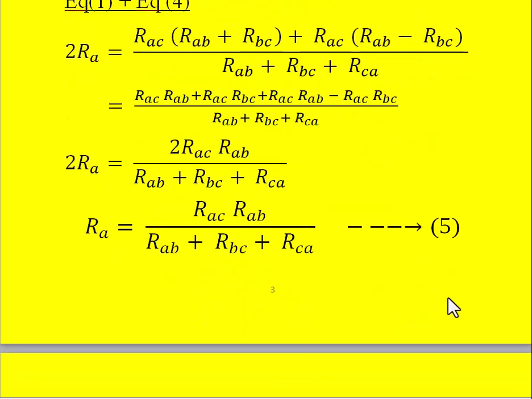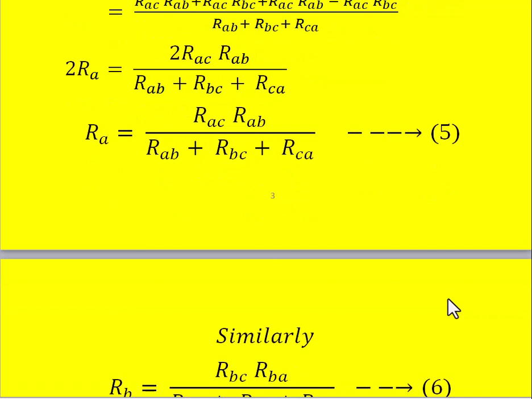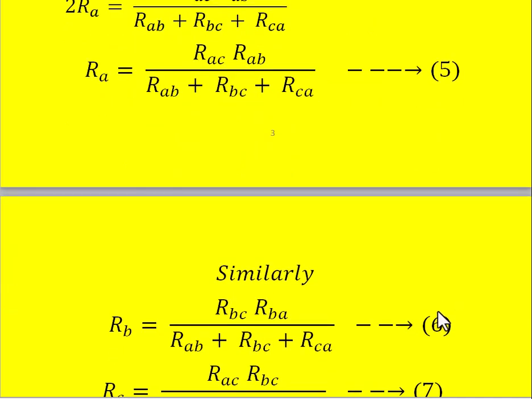In a similar fashion, we can also write the equivalent star in terms of the known delta values, that is RB is equal to, so the denominator is as it is, RAB plus RBC plus RCA. In the numerator, first put RB, then besides that, whatever letters are missing here in ABC, so here B is there but A and C are missing.